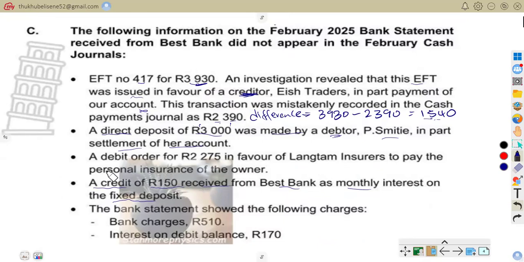See here it says a debit order for 2,275 in favor of a long-term insurer to pay personal insurance of the owner. So we're talking about the debit order of a long-term insurance of this much. So this is drawings. This is the owner's personal expense.